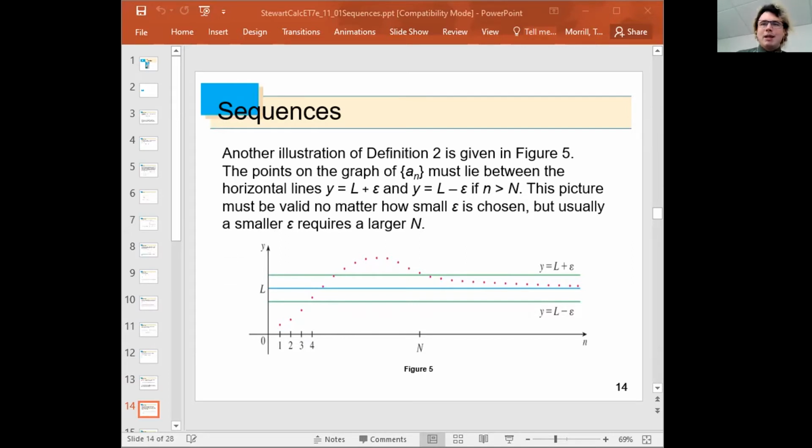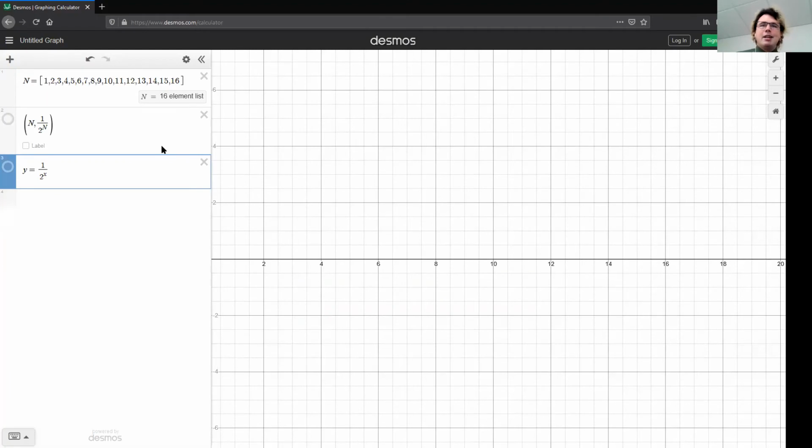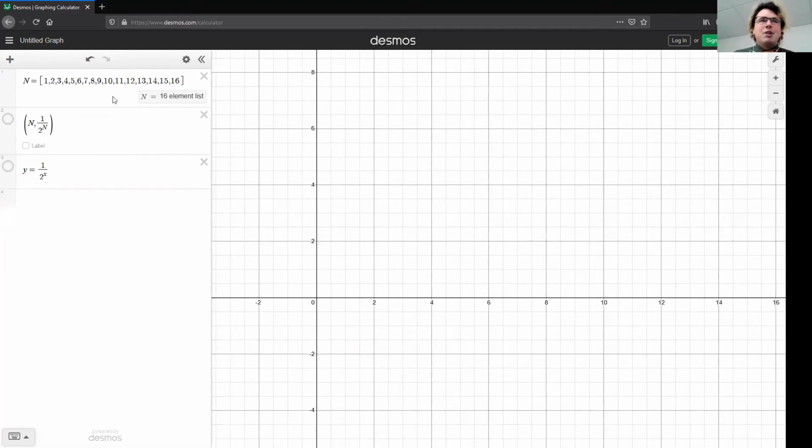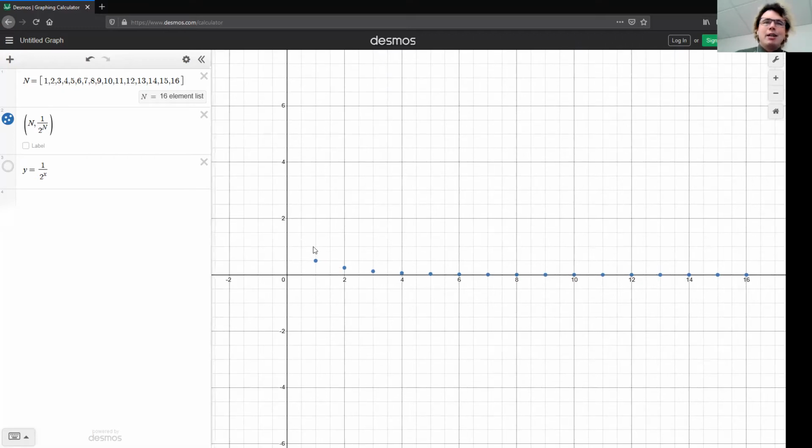So again, I can represent that in Desmos, and I'm using this same trick where I specify a list of numbers in brackets. And now if I turn this part of the graph on, these blue dots are representing the very same sequence that I had in my previous clip, where the first term of the sequence is 1/2, the second term is 1/4, the third term is 1/8, and so on.